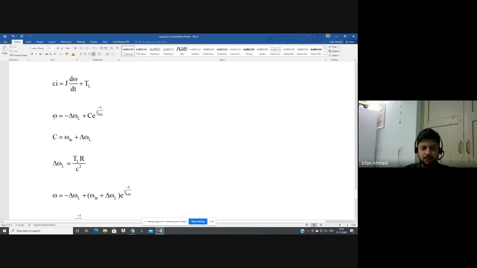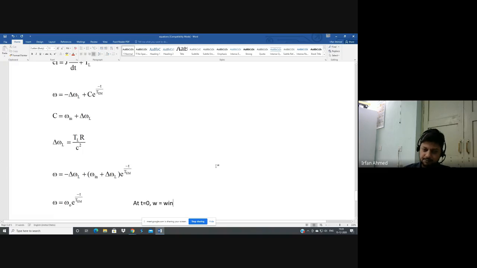So C becomes equal to omega n plus delta omega L, where this delta omega L is the change in speed from the no load speed under load. That also we have seen is equal to TL into R upon C square. So if you substitute this value of C in this equation, omega becomes equal to minus delta omega L plus omega n plus delta omega L into e to the power minus t by TEM. This is the equation for the motor speed.